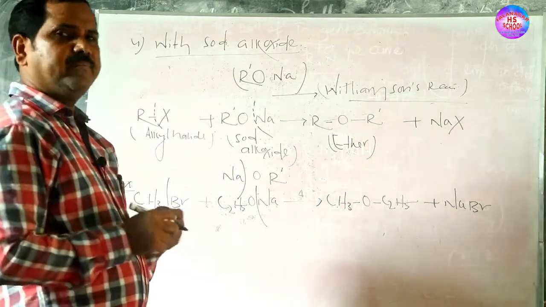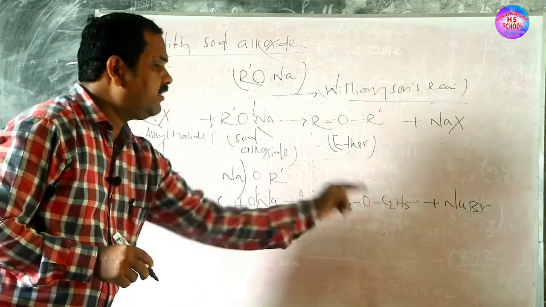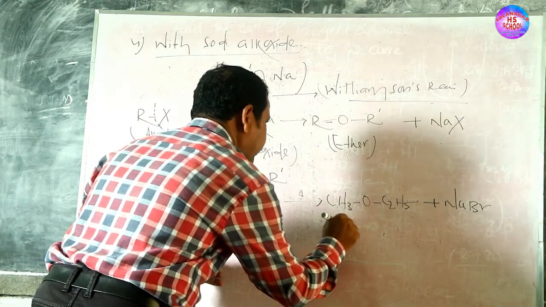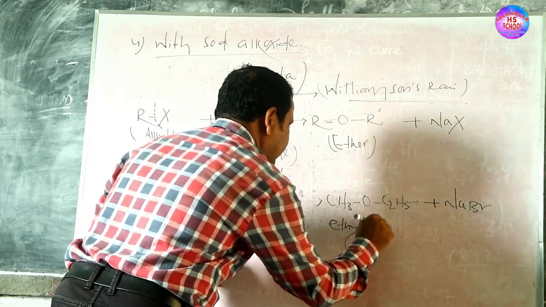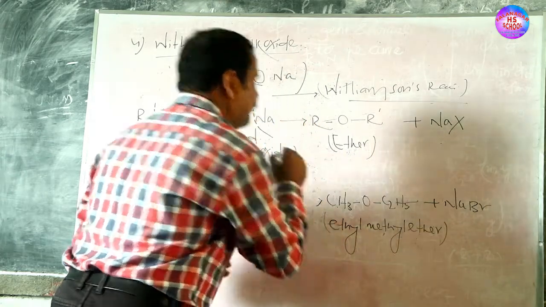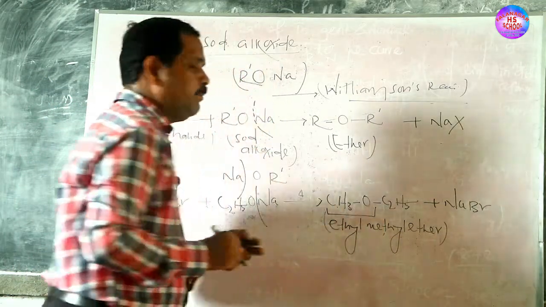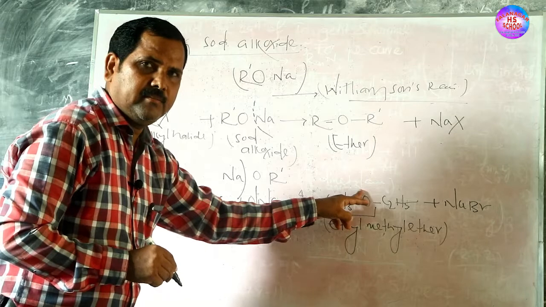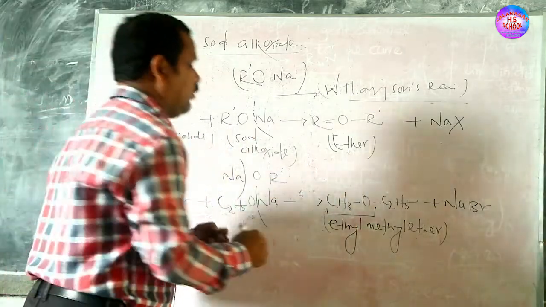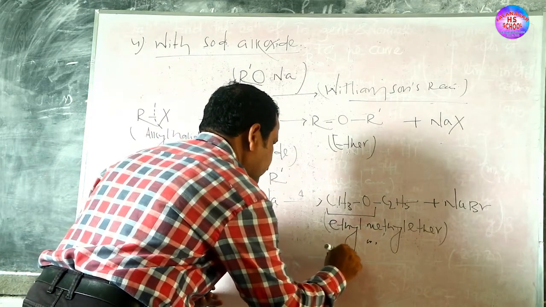The common name will be, alphabetically E, ethyl methyl ether, or methoxyethane. In this compound, the methyl group combines with oxygen to form the alkoxy group, methoxy.